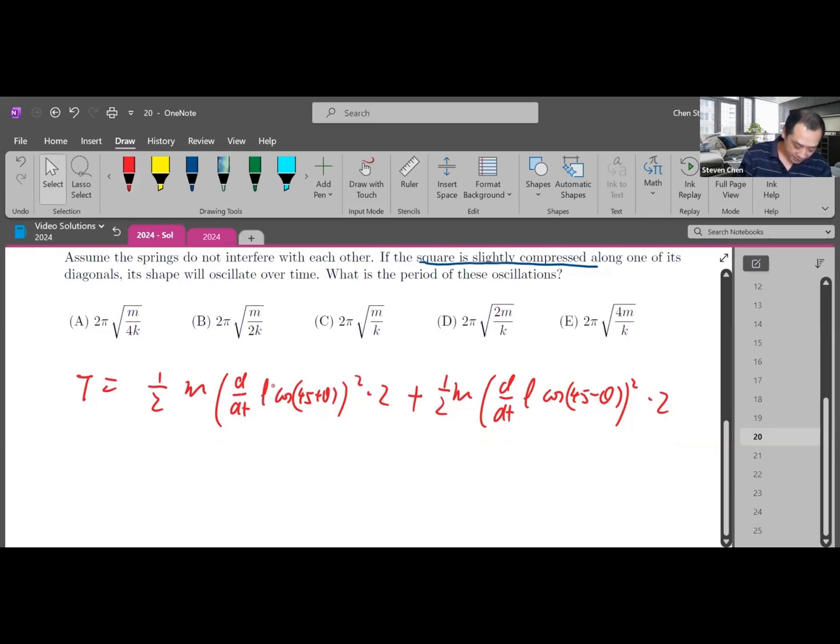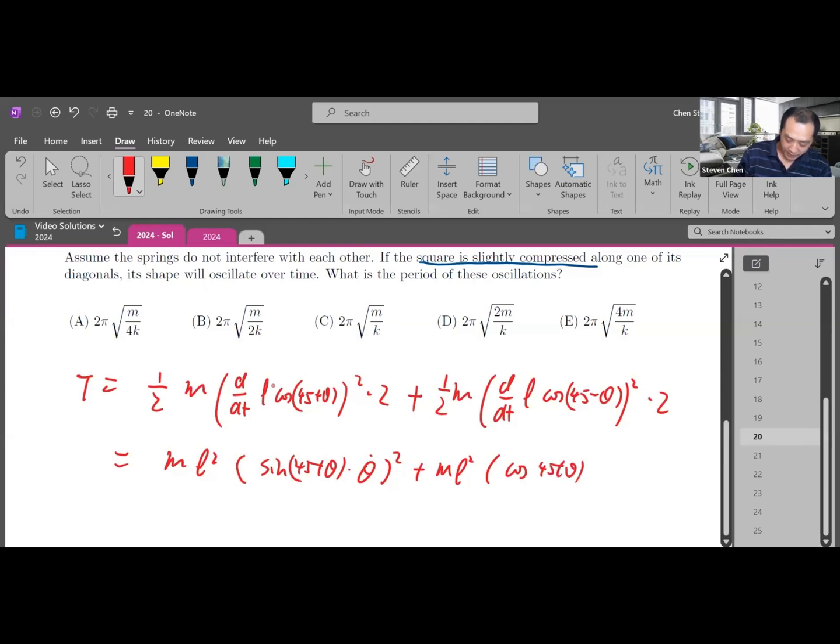By doing some algebra, we can see that it is equal to mL squared sine squared of 45 plus theta times theta dot squared plus mL squared cosine squared of 45 plus theta times theta dot squared.